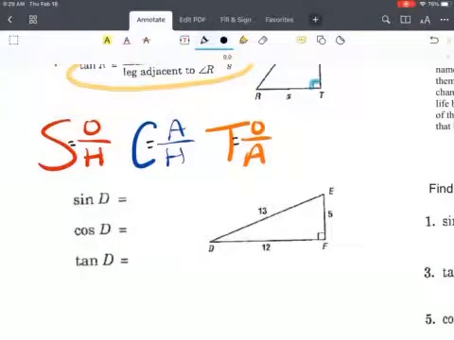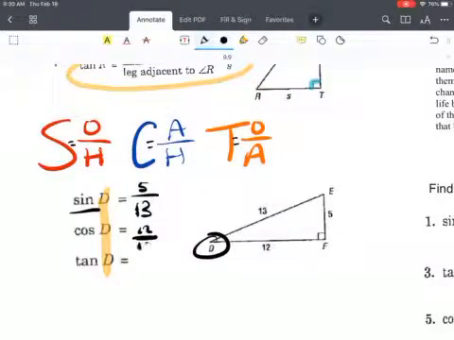So if I'm looking at angle D for all of these, for sine, what is the opposite side to D, which is 5, over the hypotenuse side, which is 13. For cosine, look at adjacent, which is 12, over 13. And then for the tangent, we're looking at opposite over adjacent, which is 5 over 12.